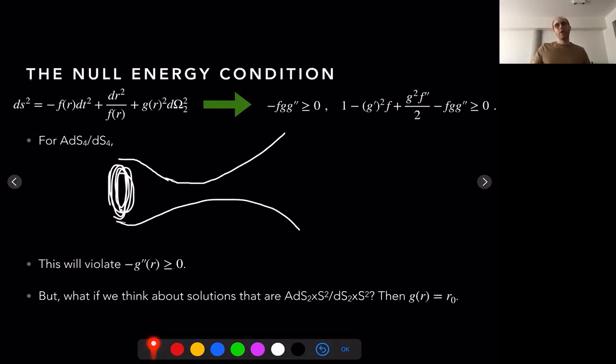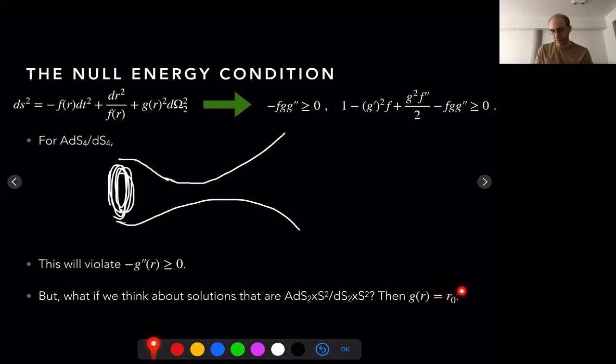So instead, we will do something different, that is to concentrate in 2 dimensions, or in these solutions that are AdS2 cross S2 or dS2 cross S2. They are similar to what Joaquin was telling us in AdS or near AdS yesterday. So we will set the radius of the sphere constant to some constant R0. Then this equation is trivially satisfied. And we will glue AdS2 to dS2.